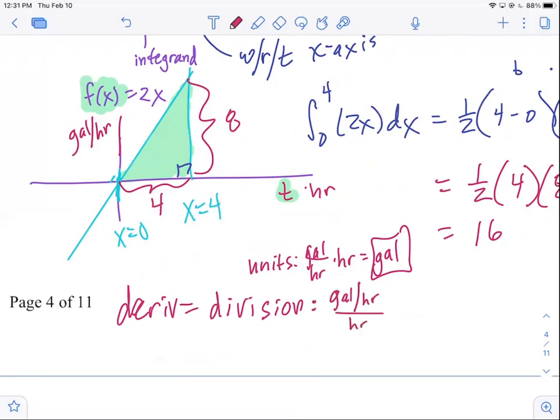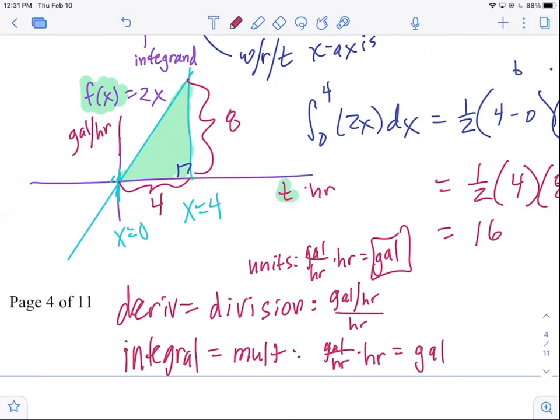Okay, but the integral, which is the antiderivative, is multiplication. And that would be gallons per hour times hours, which of course is just gallons. And I guess we can simplify this too. Gallons per hour squared. All right. Very, very important. So how are division and multiplication related?